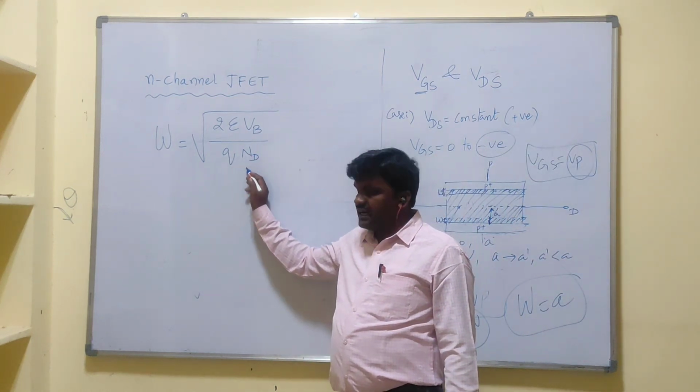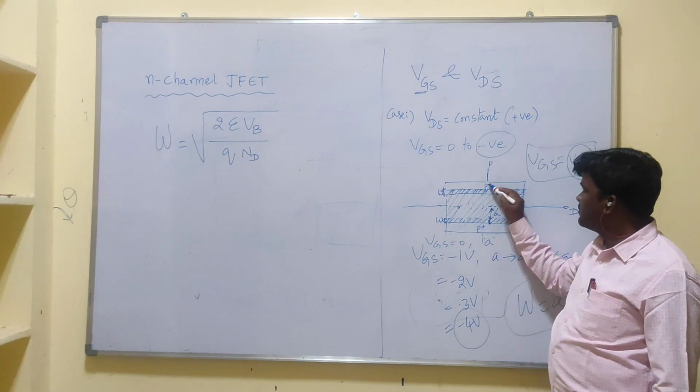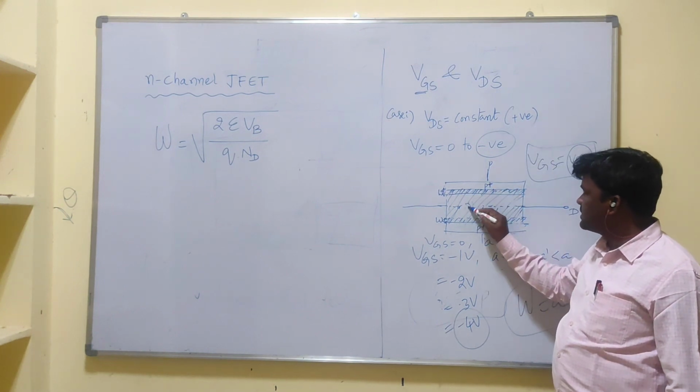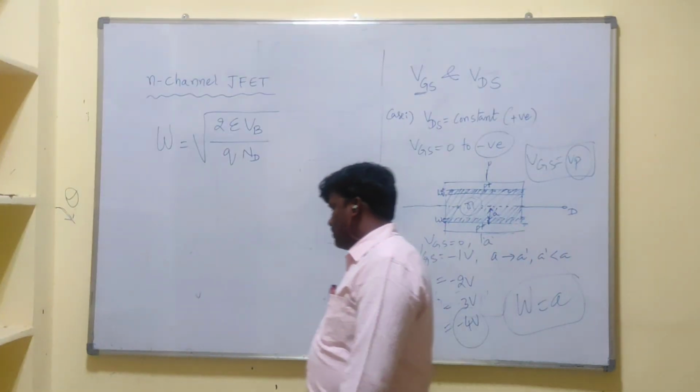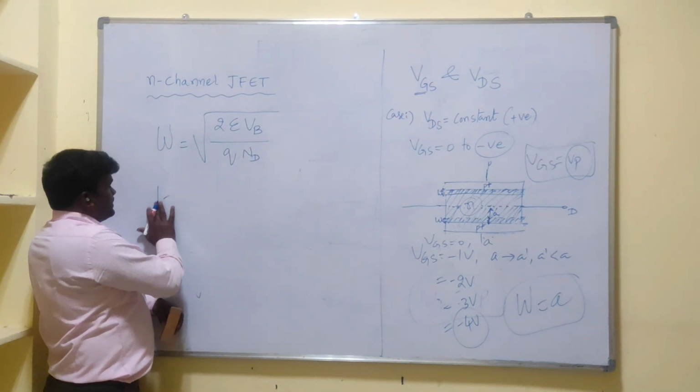Why do we consider ND? Because the depletion region penetrates on the N side only. This is P plus and this is also P plus, this is N. So that's why the width of the depletion region is like this.